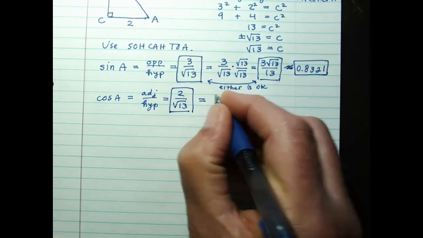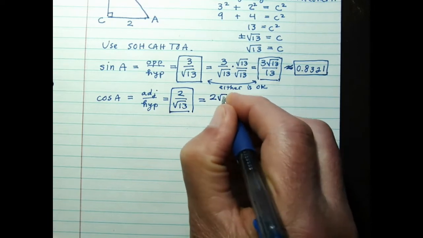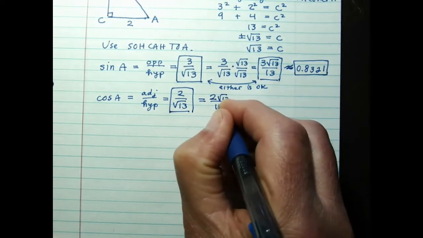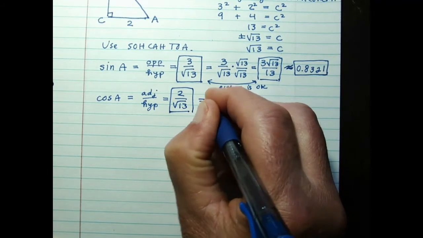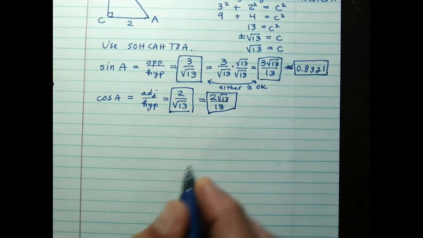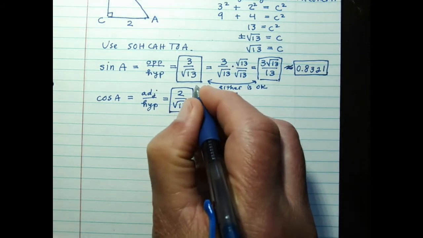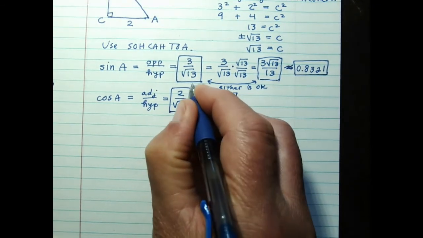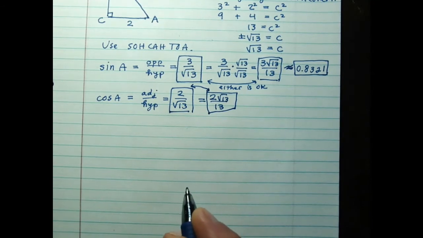And if you rationalize, I won't always write out the steps of rationalizing because we'll see this over and over. Every once in a while I will, and if you want more details about it, just send me an email. But here again, you don't have to write both of these. You can stop at 2 over the square root of 13. I kind of think that's simpler than the rationalized form.